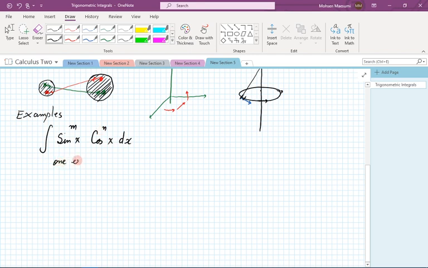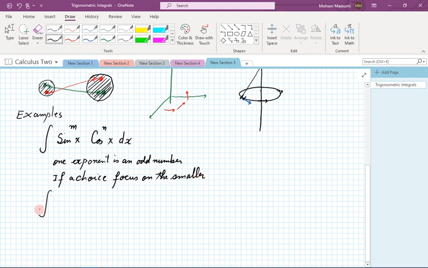Sometimes both of them are odd numbers. In that case, if you have a choice, pick the smaller odd number, just so that our job is easier.